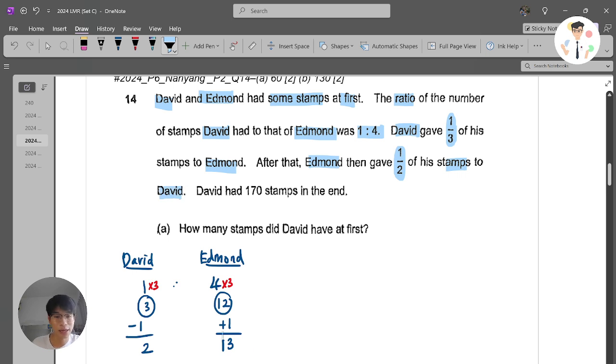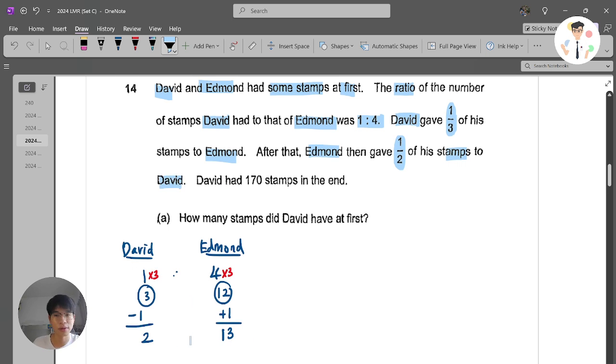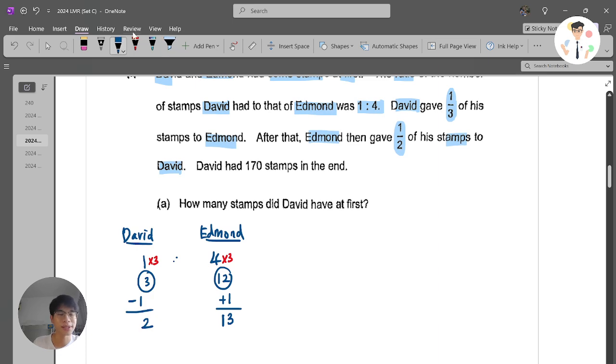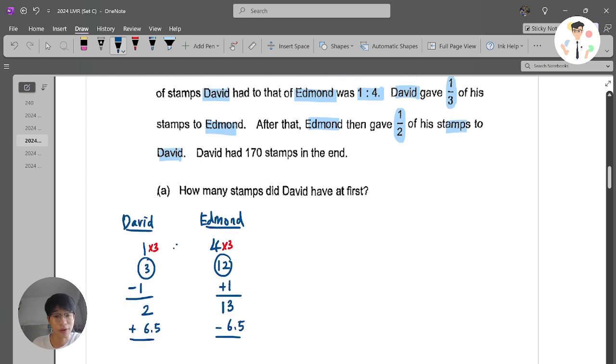It means that whatever I have here, I will give half to David. Now, 13. What is half of 13? It means 6.5, right? So I minus 6.5, then I plus 6.5. Is it okay to have decimal? It's okay. If I give half, I will have 6.5 left. And if I add 6.5, I will have 8.5.